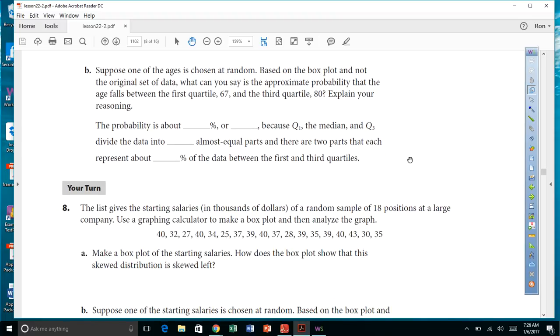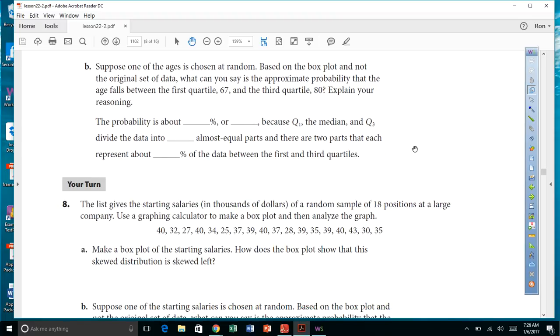Suppose one of the ages is chosen at random. Based on the box plot and not the original set of data, what can you say is the approximate probability that the age falls between the first quartile, 67, and the third quartile, 80? Explain your reasoning.